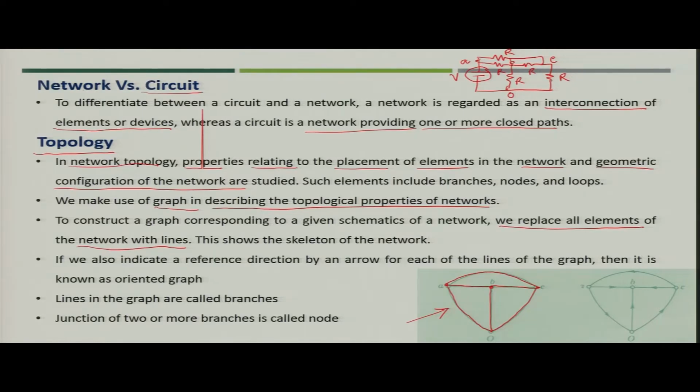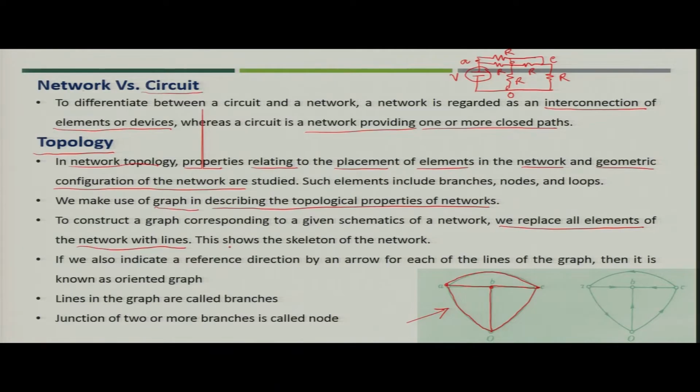There may be the sources, that may be the voltage or current sources, or the resistive, capacitive or inductive elements in the circuit. So, what we get is called the graph of the circuit or graph of the network. So, this is very important because we have various topological properties associated with it, which will help us to analyze the circuit.